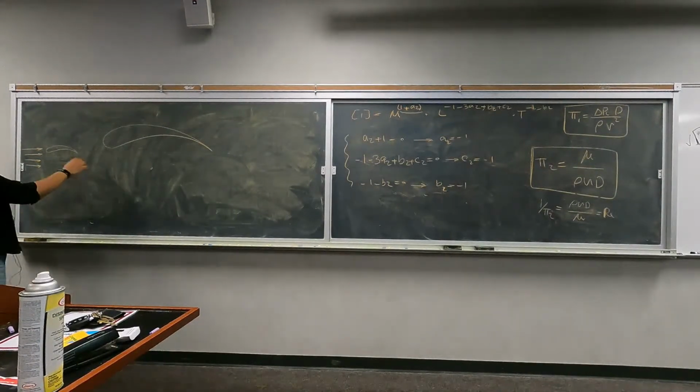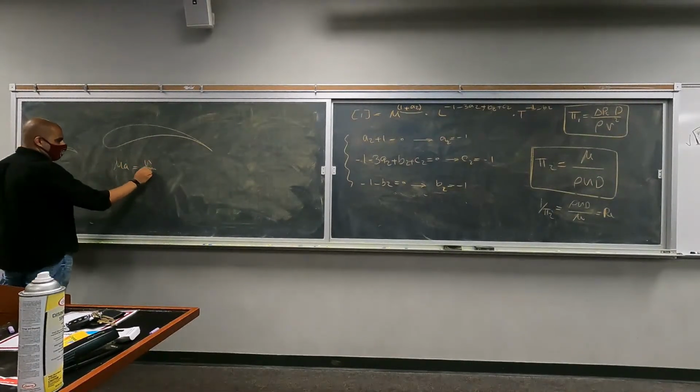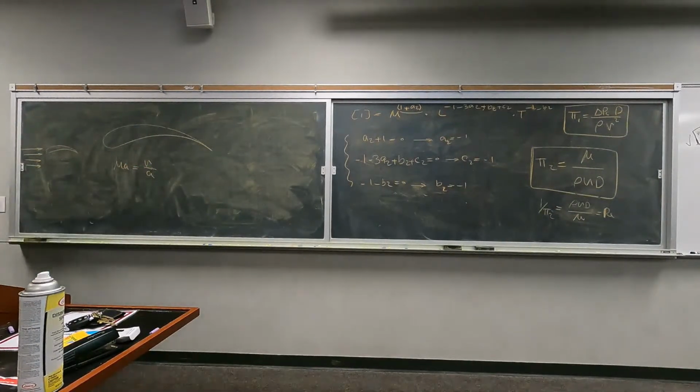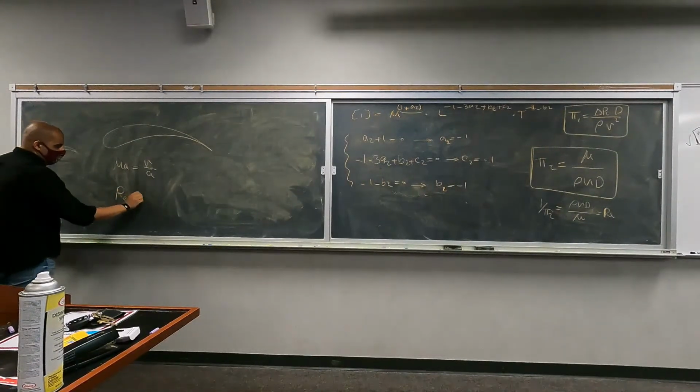So for a wing analysis, Mach number is important. That's velocity divided by the speed of sound, Mach number. And Reynolds number is important, rho V L divided by mu.